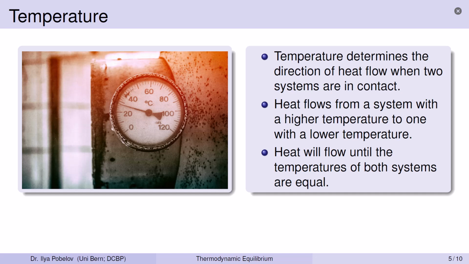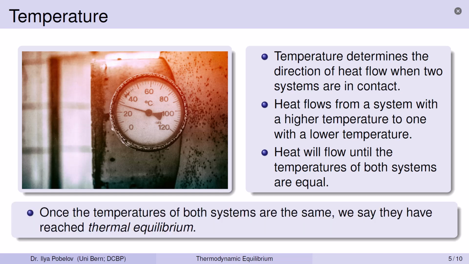Analogous to the movement of a piston due to pressure differences, when two systems come into contact, heat will flow until the temperatures of both systems are equal. Once the temperature of both systems are the same, we say they have reached thermal equilibrium.